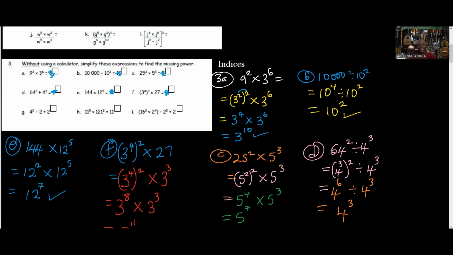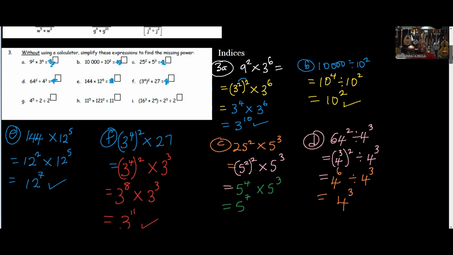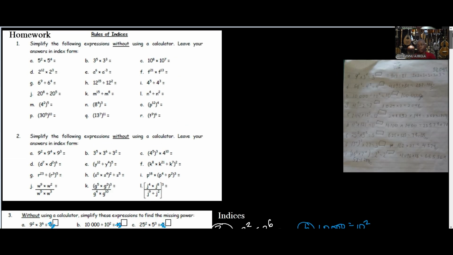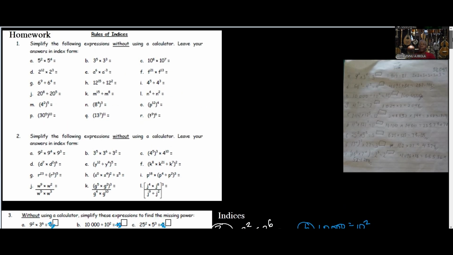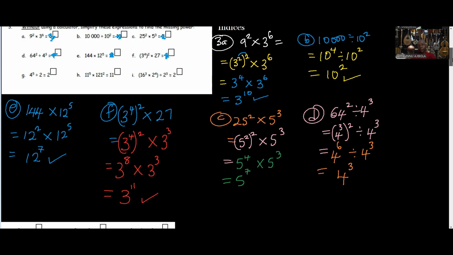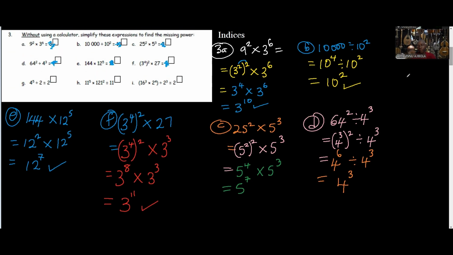So if there is enough time, you do from question one and two later on. But if there's no time, that will be part of your assignment. But you can start writing the solution now.